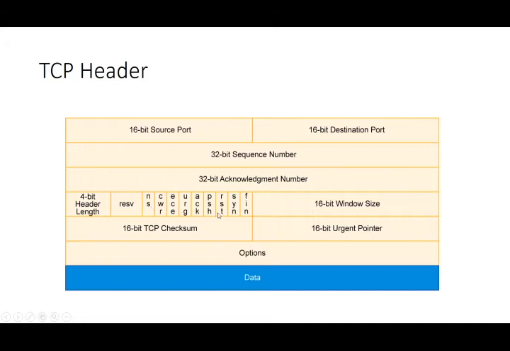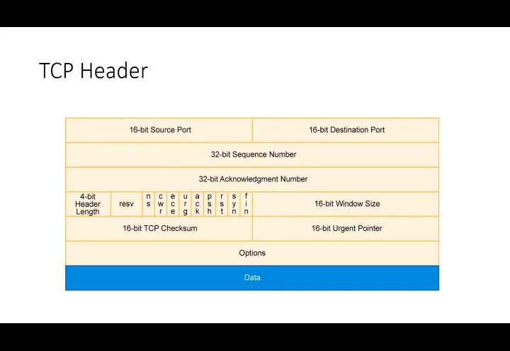Now these little flag bits get toggled back and forth during a session to indicate whether this is a SYN message. So you can see the flag right there. That will be turned on if we are sending a synchronized TCP segment. We have the ACK bit, which would be set to 1 if we were acknowledging.